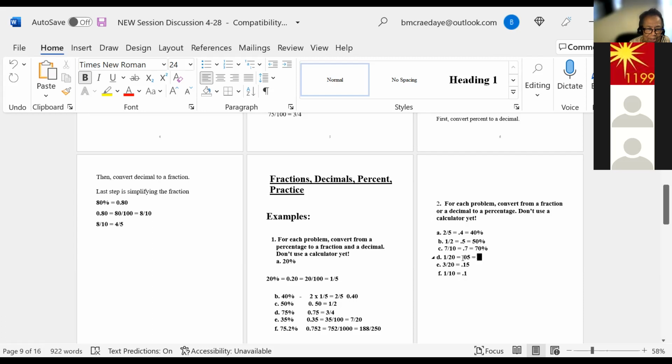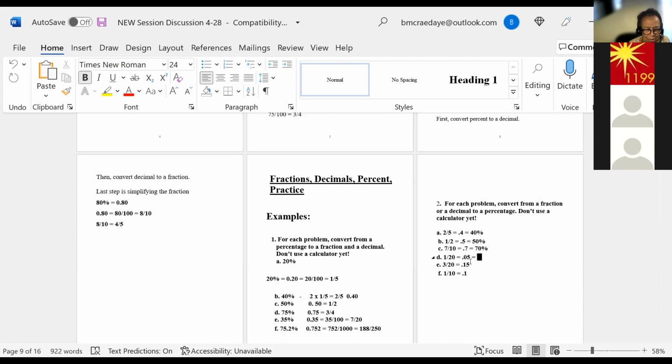0.05 times 100, or move the decimal point 2 places to the right. So it's right here. If you move it 2 places to the right, what does that number become, Mercedes? The decimal point is right here. So right here is 1 place and behind the 5 is 2 places.